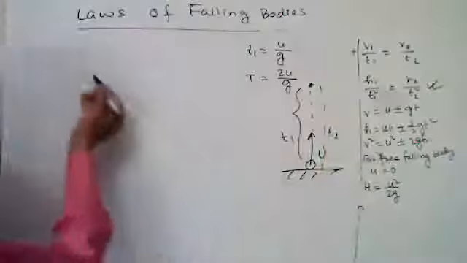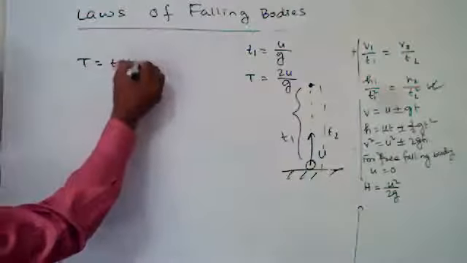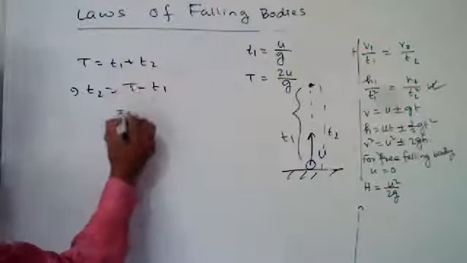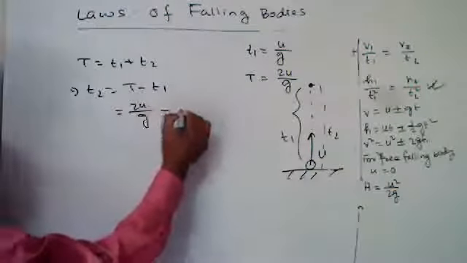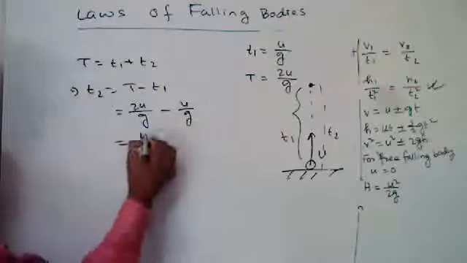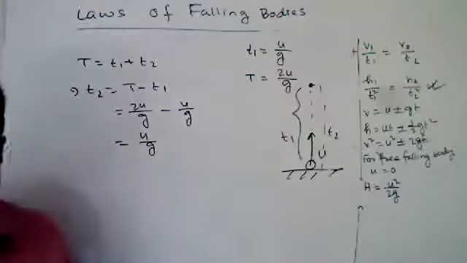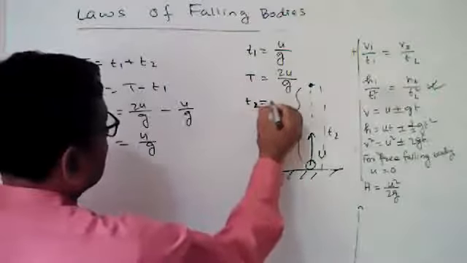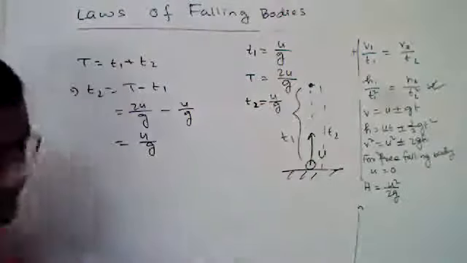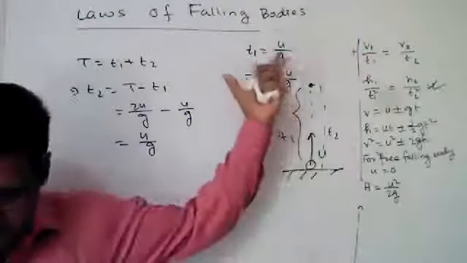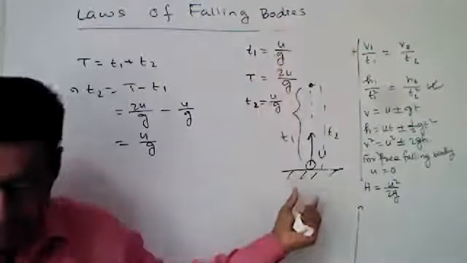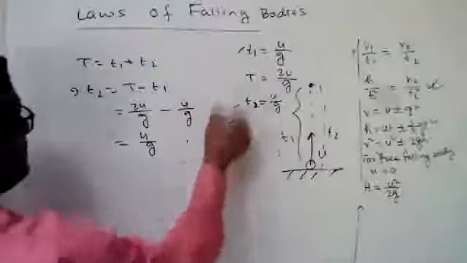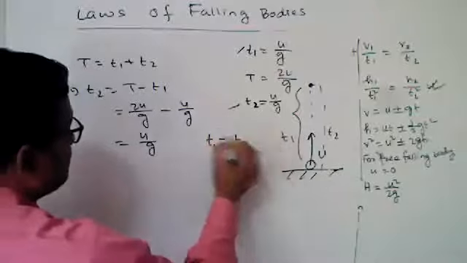So we can write T equals to t1 plus t2. So t2 will be T minus t1, so 2u by g minus u by g, so u by g. From this discussion we can say that for a thrown body, the time to reach the maximum height and the time to return to the ground from the maximum height are equal, so t1 equals to t2.